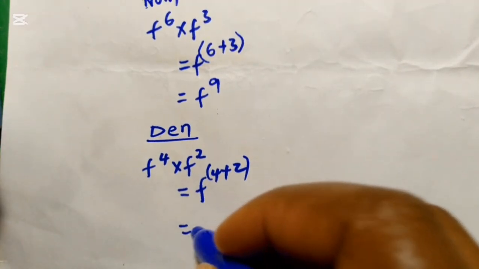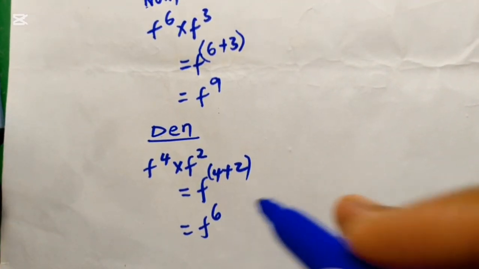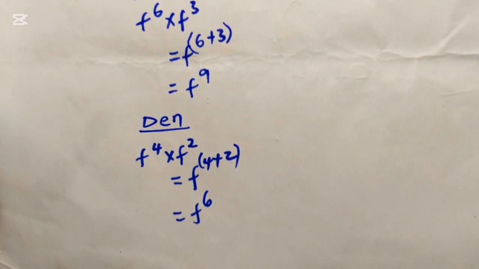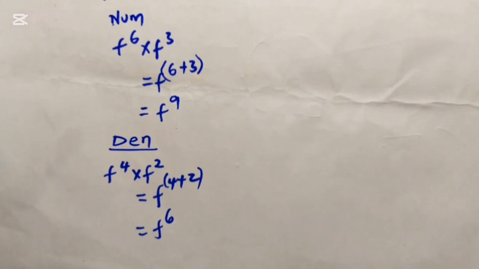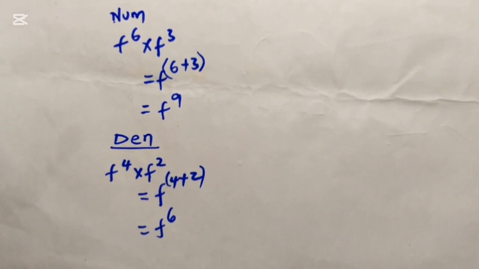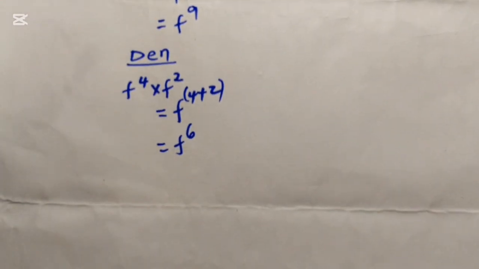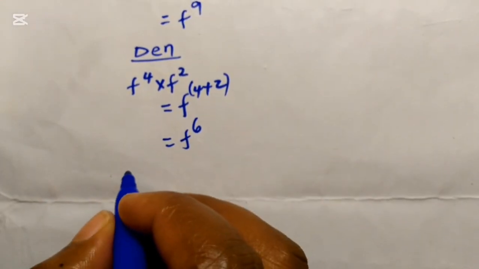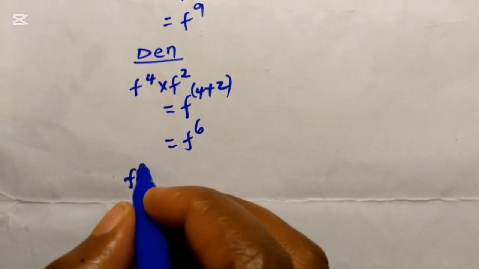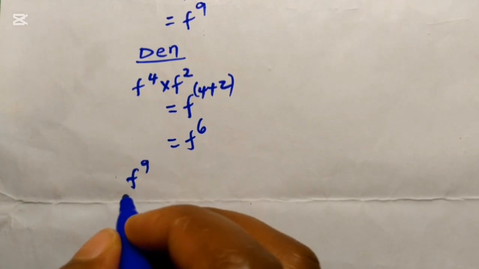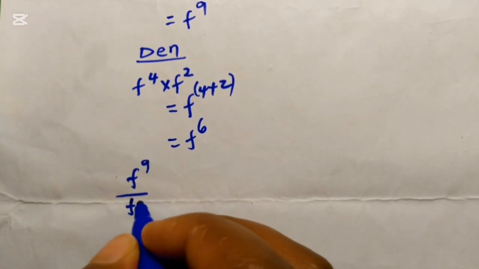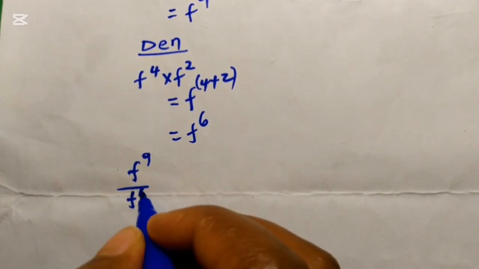And this is the same as f power 6. You see, we have the numerator, we have the denominator. Then from there we go back to numerator over the denominator. So f power 9, the numerator, over f power 6.